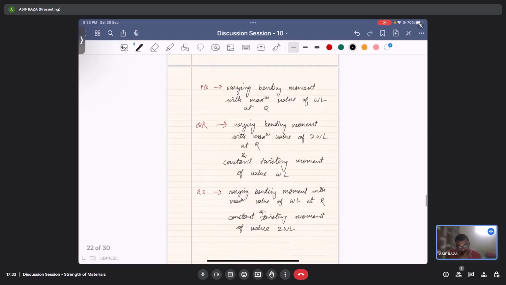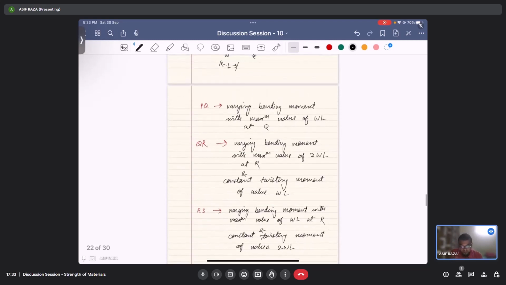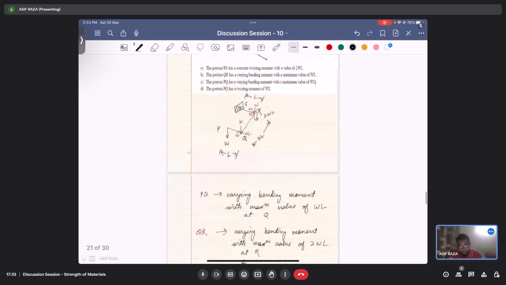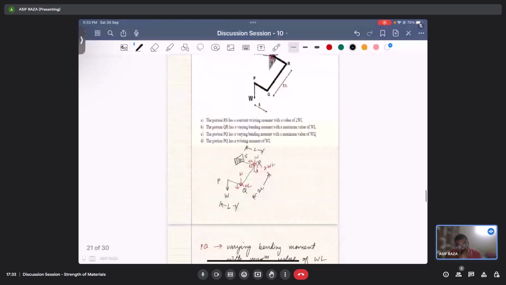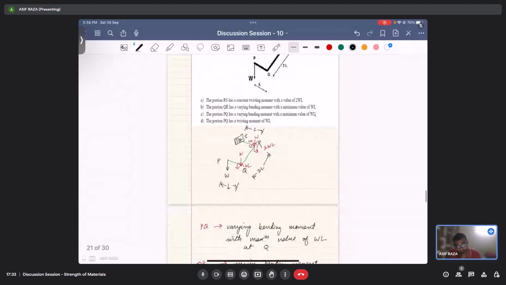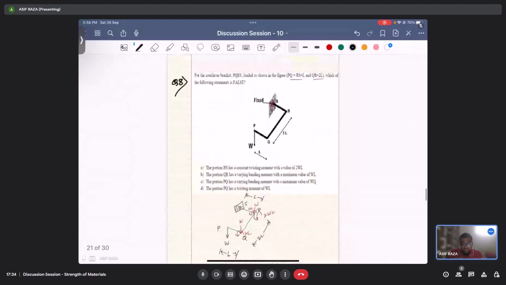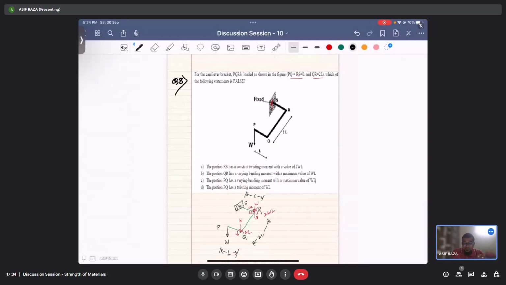Okay, so this covers, I think, all the things which are being created here. Let's work out what the correct answer will be, and out of all four options, which statements are false.